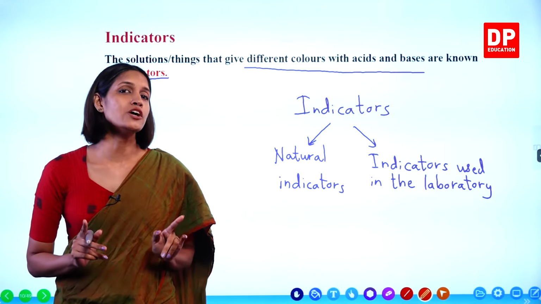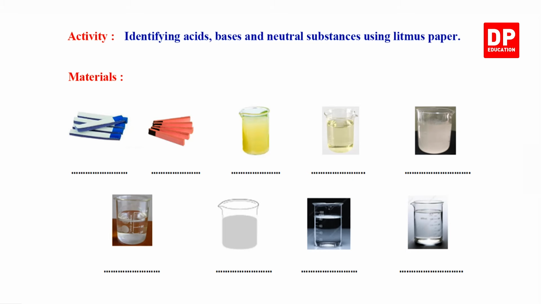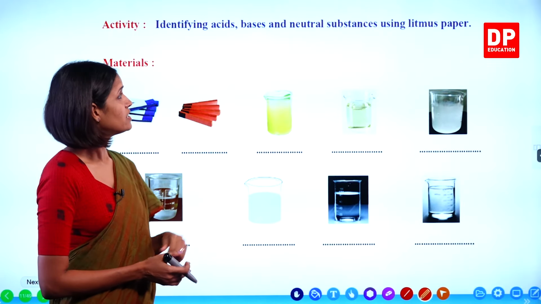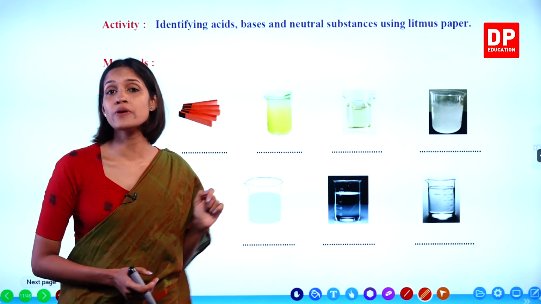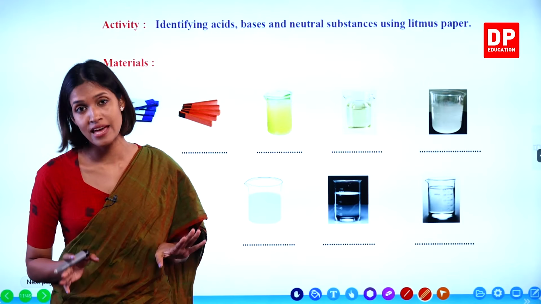Okay, now we are going to do our second experiment. Our next activity is identifying acids, bases and neutral substances using litmus paper, right? Now remember children, this litmus paper is also a type of indicator that we can find in the lab.